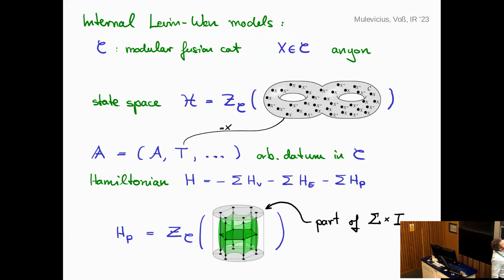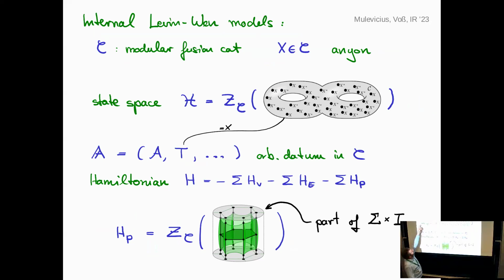We take a modular fusion category, so that defines for us a 3D TFT, and I pick any one anyon X in it. Rather than, as we did before, thinking of X as a vector space and tensoring them together for each site, I now take a surface and put lots of these X anyons on it, and I evaluate the TFT on that surface and declare that to be my Hilbert space.